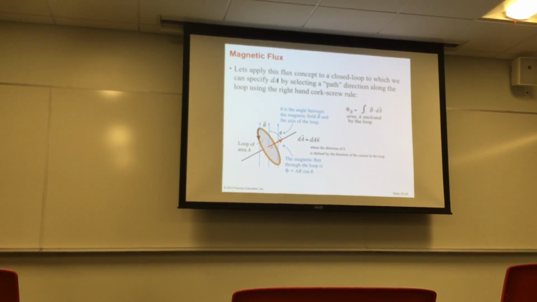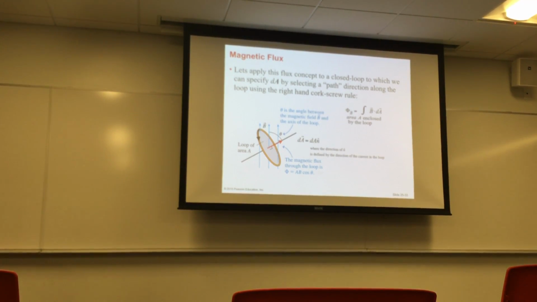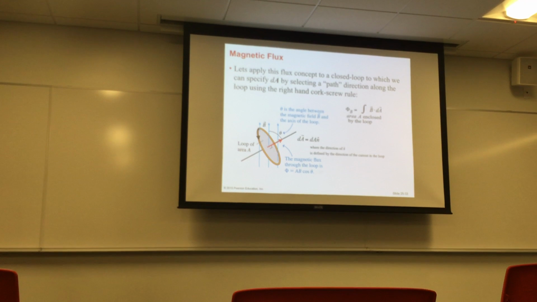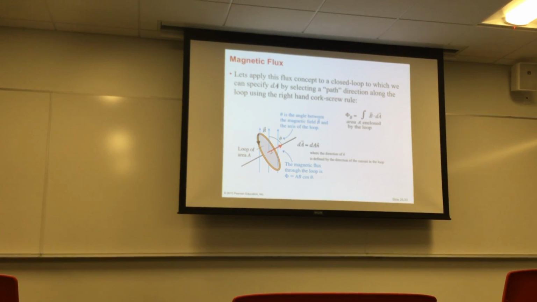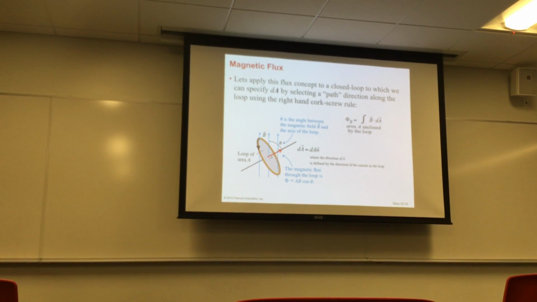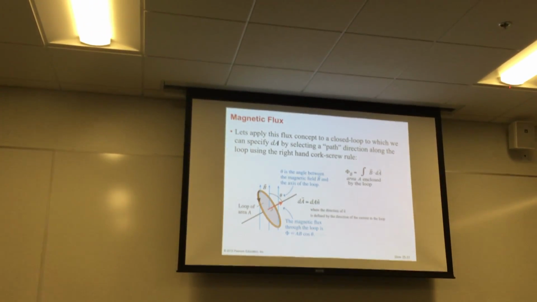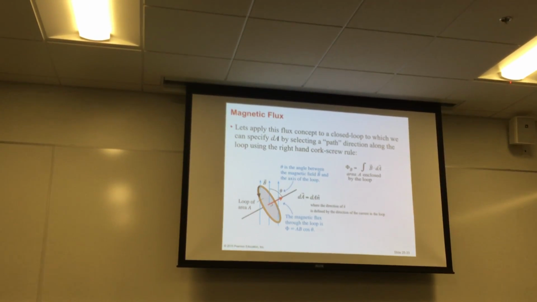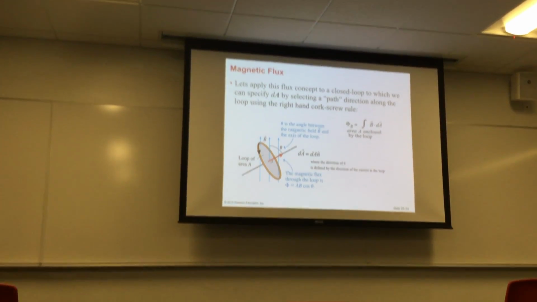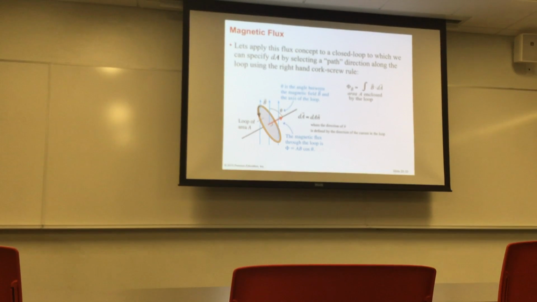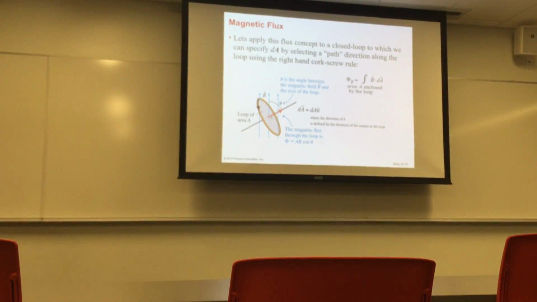And as before, we defined the vector area as of size dA and its direction being perpendicular to the surface. And if you remember our discussion of electric field, there's still an ambiguity in terms of what the direction of N is. It could be pointing, as in this drawing, like that, or it could have been drawn pointing in the opposite direction.